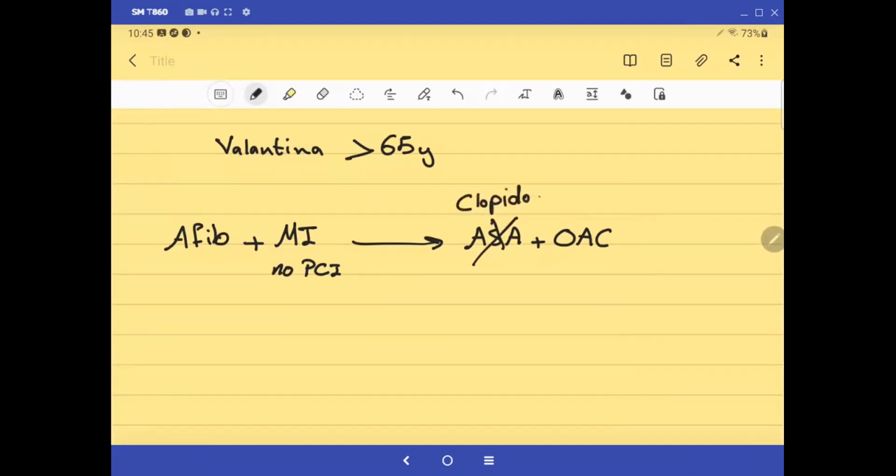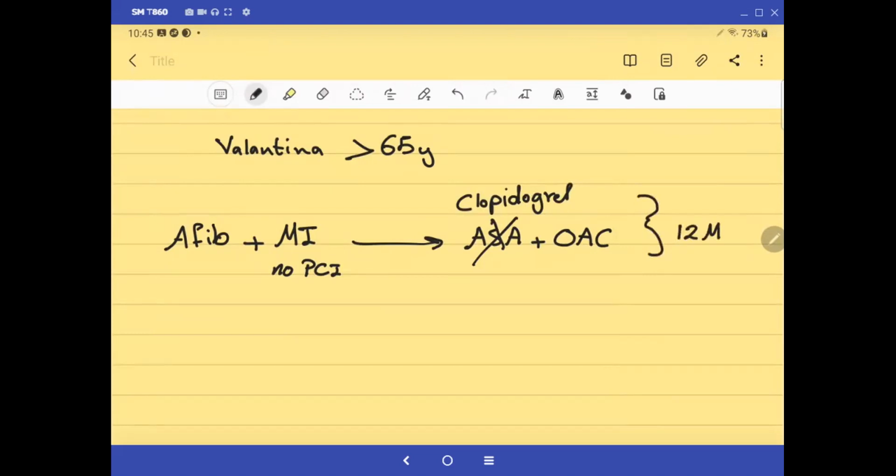Okay, Valentina, for how long will you take the oral anticoagulant plus clopidogrel? I'll give it for a year and then I would give ASA. Okay, so you remember what we have been doing in the other 4 scenarios?